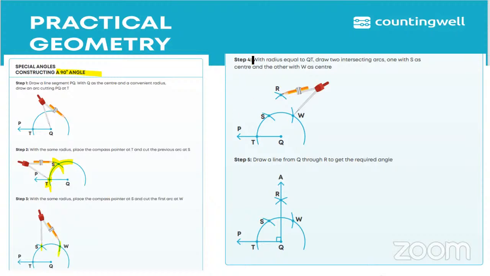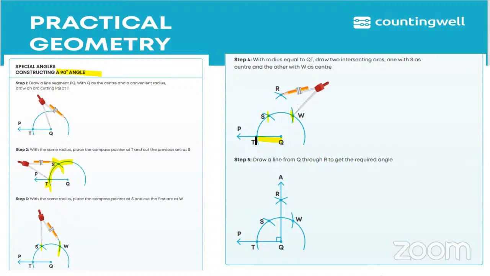Then, in step 4, with the radius equal to QT, draw intersecting arcs, one with S as the center and the other with W as a center.